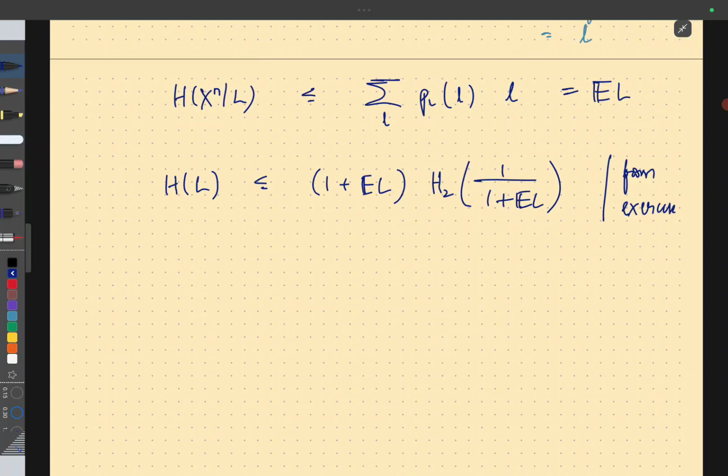Okay, so now let me expand the quantity I have, the binary entropy.